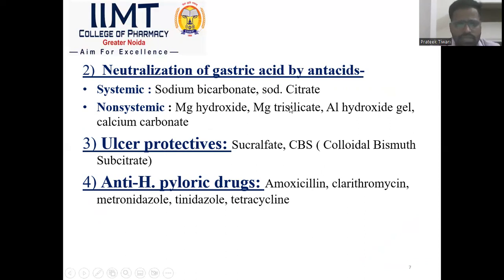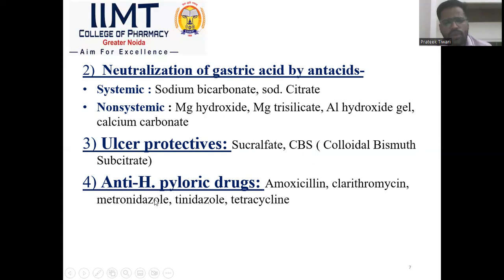Antacids basically fall in two categories: systemic and non-systemic. In systemic, there are sodium bicarbonate and sodium citrate. In non-systemic, there are magnesium hydroxide, magnesium trisilicate, aluminum hydroxide gel, and calcium carbonate. Ulcer protective drugs include sucralfate and CBS.